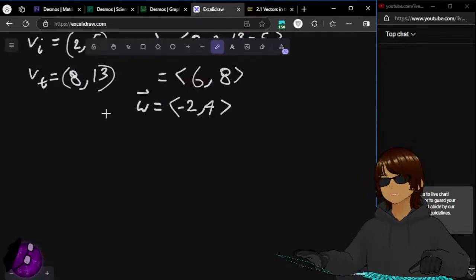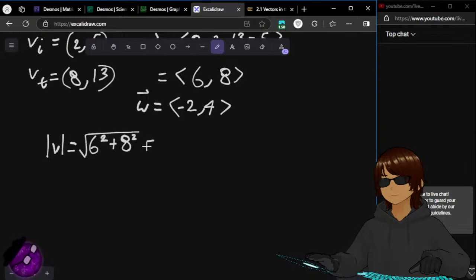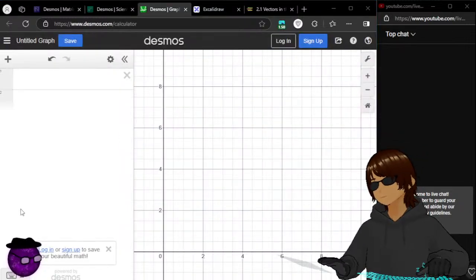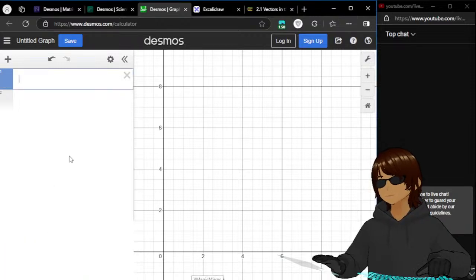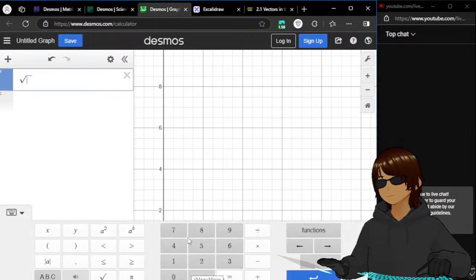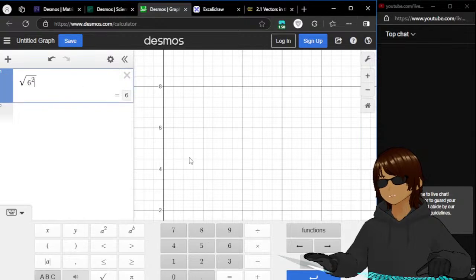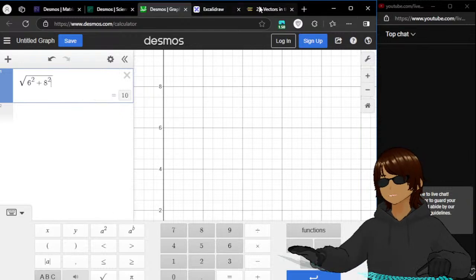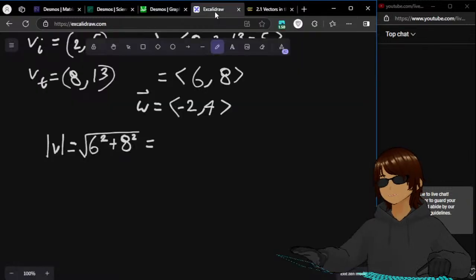So the magnitude of v is the square root of 6 squared plus 8 squared. 6 squared plus 8 squared is 100, so the magnitude is 10.